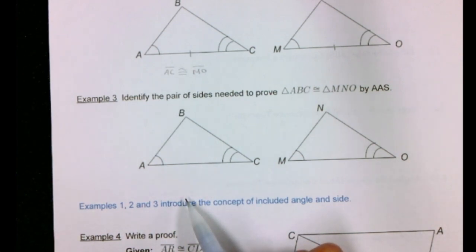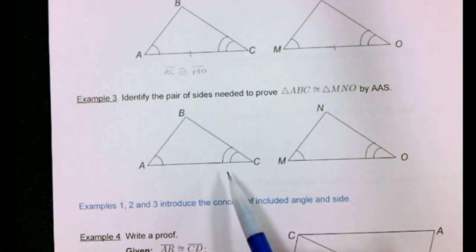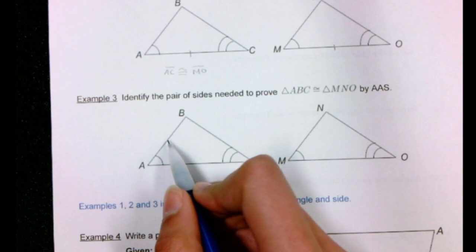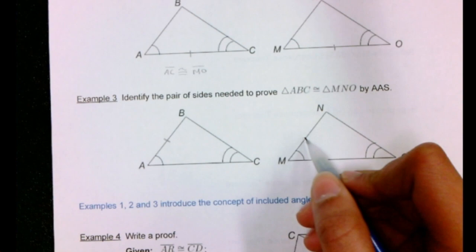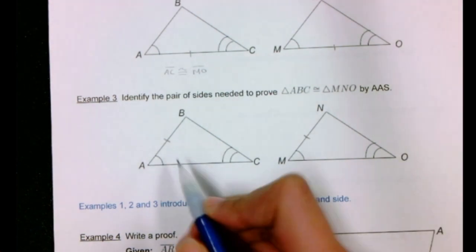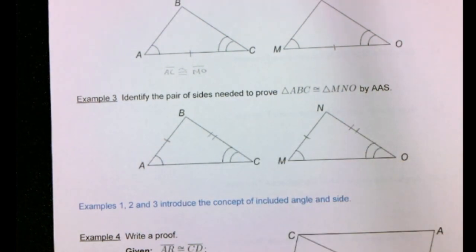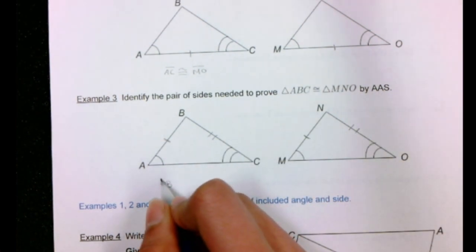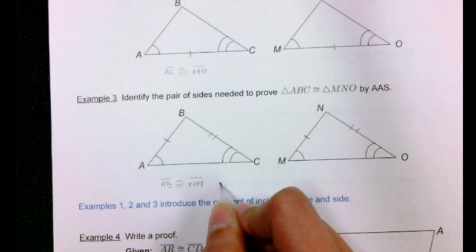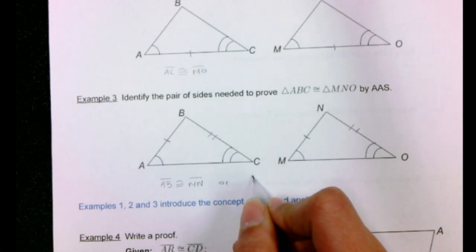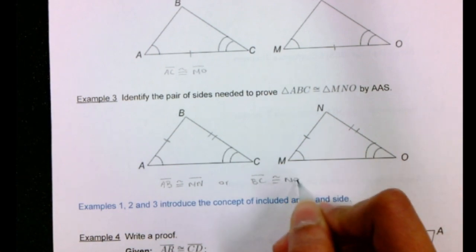But we're trying to prove these two triangles congruent by the AAS theorem. So we'd need to know either that side AB and MN are congruent, or that BC is congruent to NO.